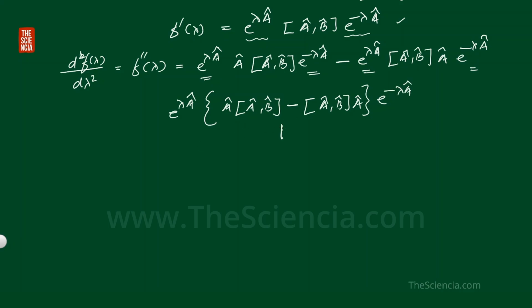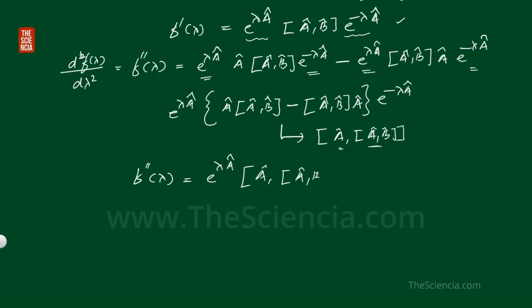This is nothing but the commutator of a with the commutator ab. See, first a into commutator minus this term into a, right? So we got f double dash of lambda equal to e raised to lambda a into commutator a cap comma commutator ab.